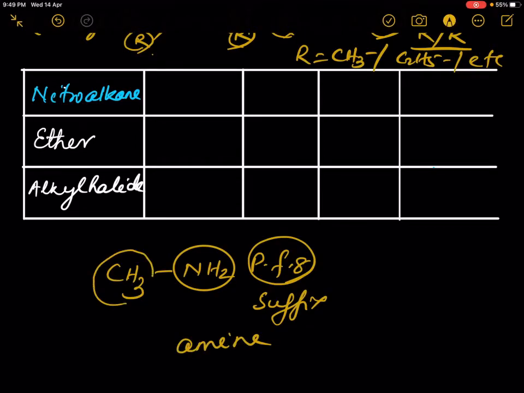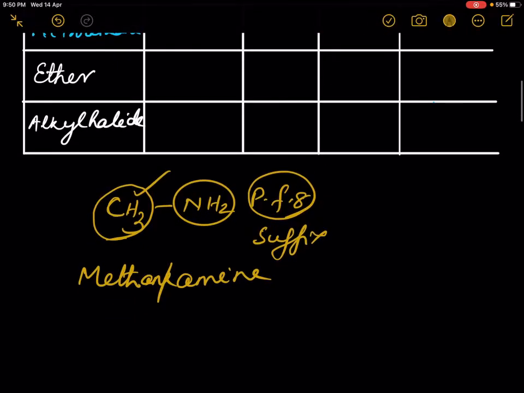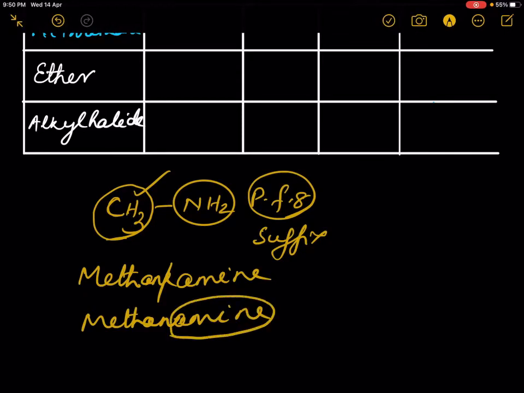As it is the carbon chain, it should be written as meth, ane, cancel E, methanamine. So the name of this compound is methanamine. You see here amine is written after root word, so it is a suffix.